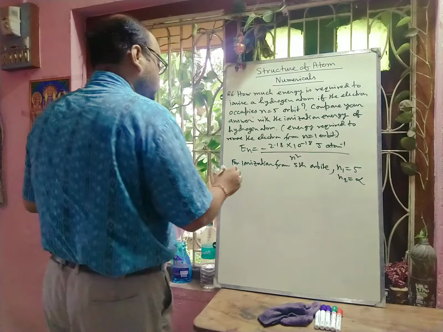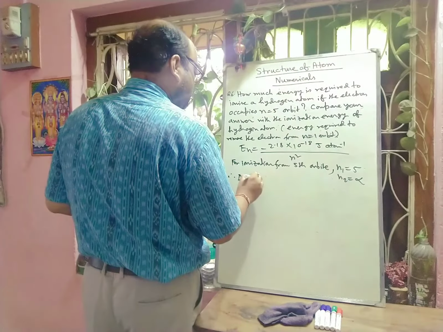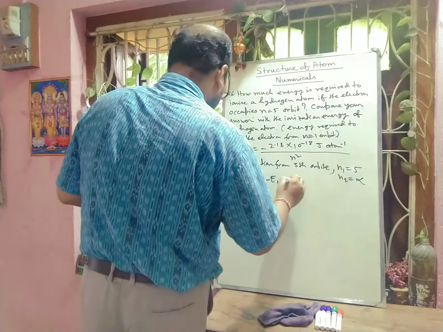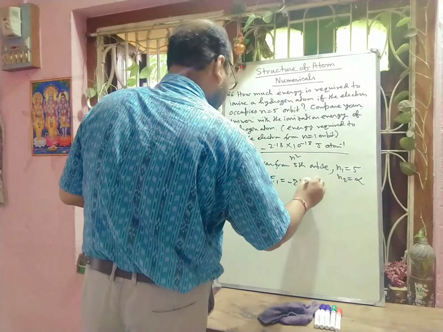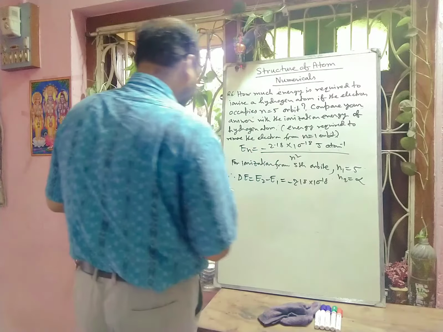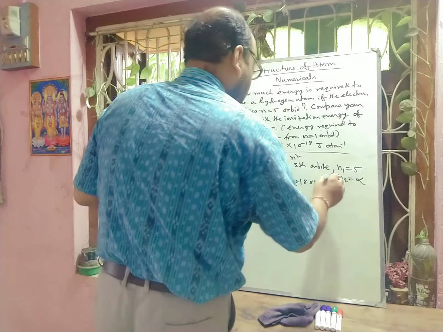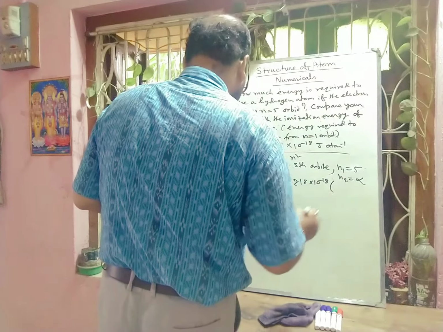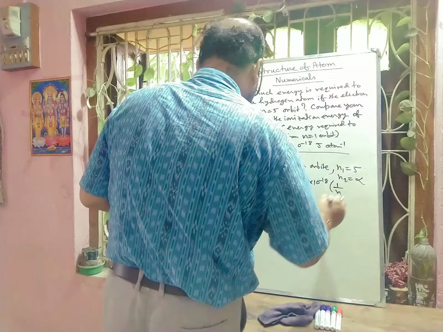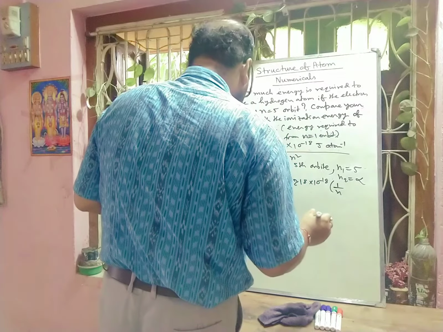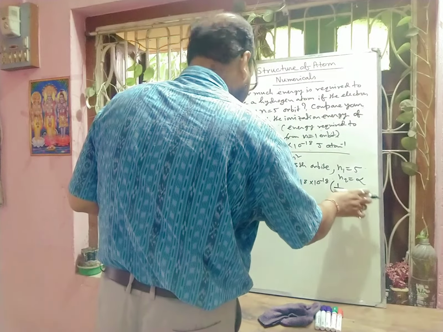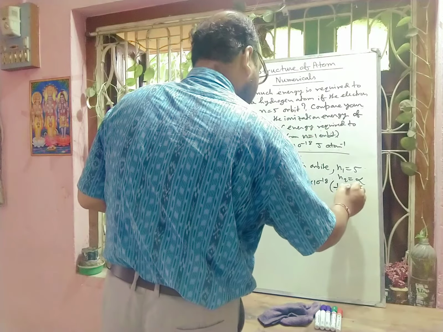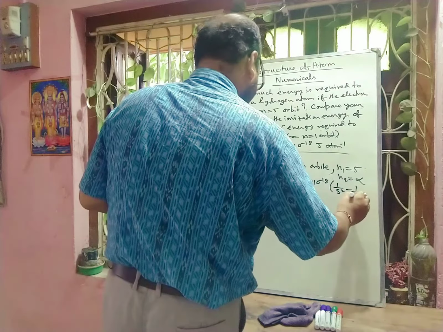Okay. So therefore we can write delta E is equal to E2 minus E1 is equal to minus 2.18 into 10 to the power minus 18 into 1 by n square, that is 1 by 5 square, minus 1 by infinity square.